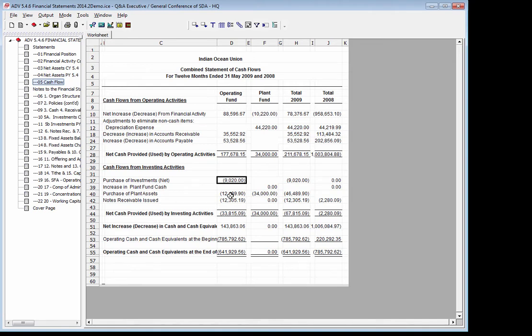Okay? And so it would still balance. The cash flow statement would still balance, but we would have cash flow from disposal of investments, and we'd have cash flow from disposal of plan assets coming in that would be overstated, and the purchase would be overstated.